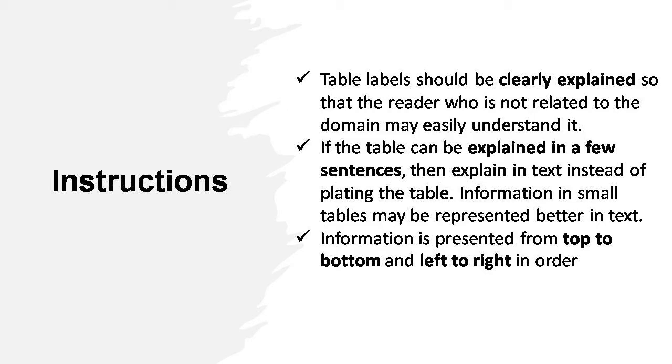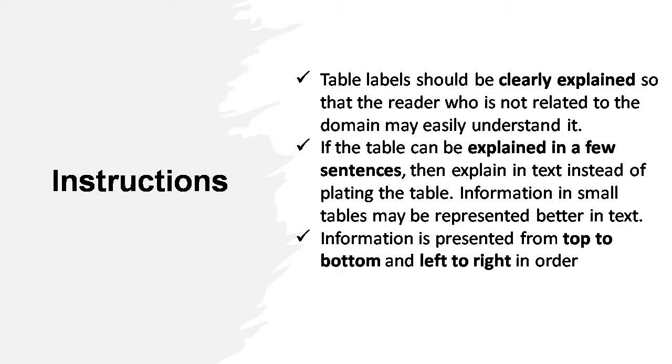And if you think that this table can be explained in 2 or 3 sentences in the text, then there is no need for the table at all. You have to explain it in the text rather than plotting tables.